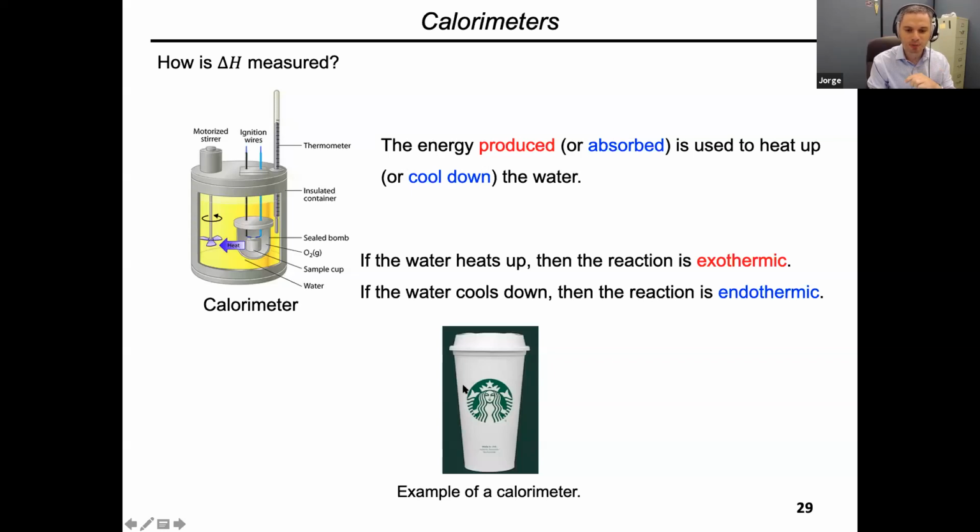The insulation is pretty good here, and we can run any kind of reaction inside the cup, fill up with water, and measure what happens with the water. And that's how a calorimeter works. For the next slide, I would like to show you how to do the calculations, and then we will move on to fuels from there.